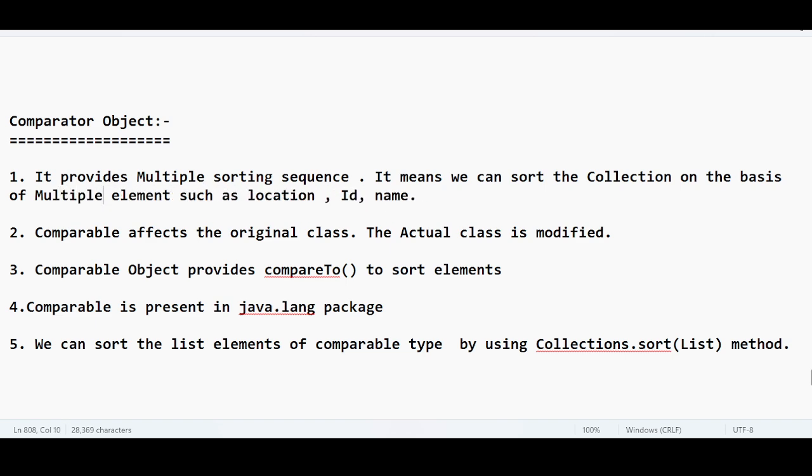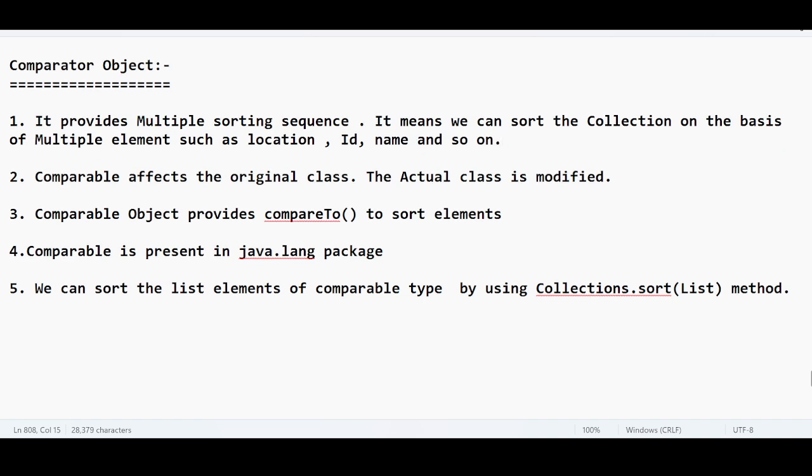Multiple elements such as location, ID, name, and so on. Comparator does not affect the original class. Comparator does not do what? Does not affect the original class. The actual class is not modified.